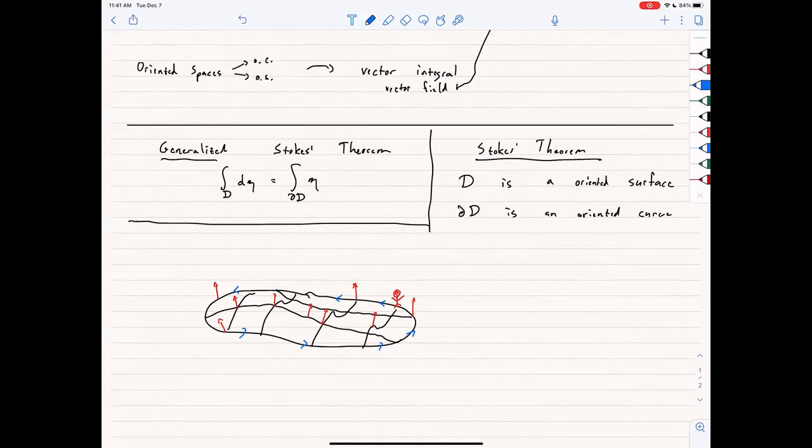So this is the notion. I'm not going to write that out in words because it's just a lot of words. Hopefully the picture is clear. Are there questions? Is the picture clear? Do people understand how one would compatibly orient the boundary?